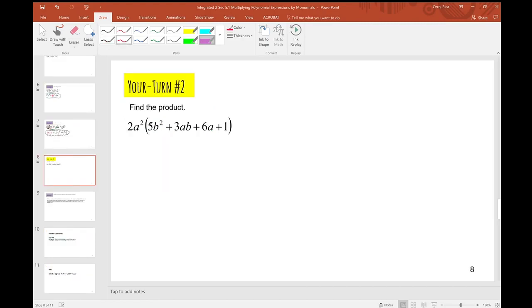You try number 2. Find the product. We have a monomial times a polynomial. 2a squared times 5b squared, 2 times 5 is 10. A squared and b squared, we don't have any other variables that are similar to a and b, so we're just going to leave a squared and b squared as is.